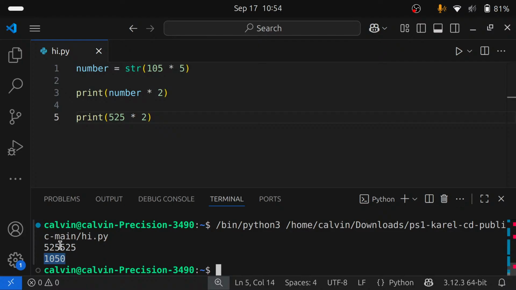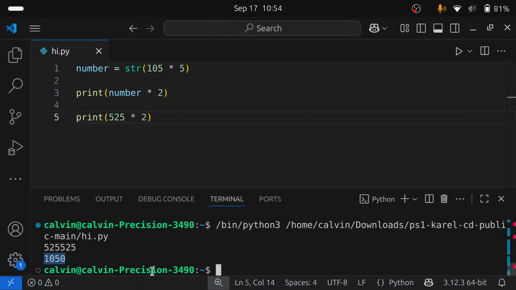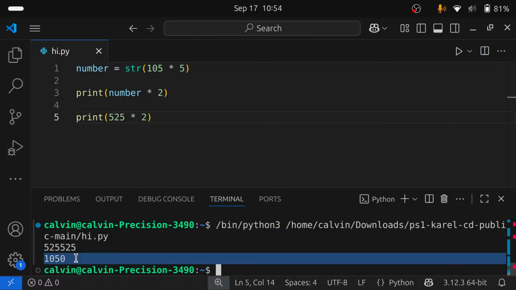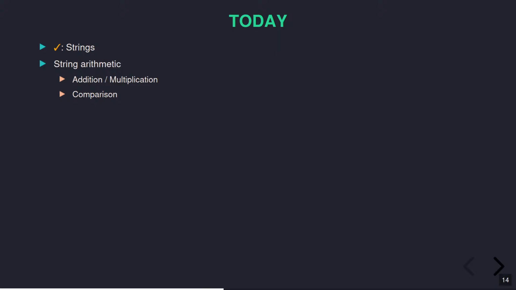So this is 2 of the string and 2 of the number, right? Okay, so those things are different. Here's your example, okay? Use type. What is the type of this? Str. Nice try. It's str. Yeah, okay. And what's the type of this? Int. Yep. That's strings. Good job.